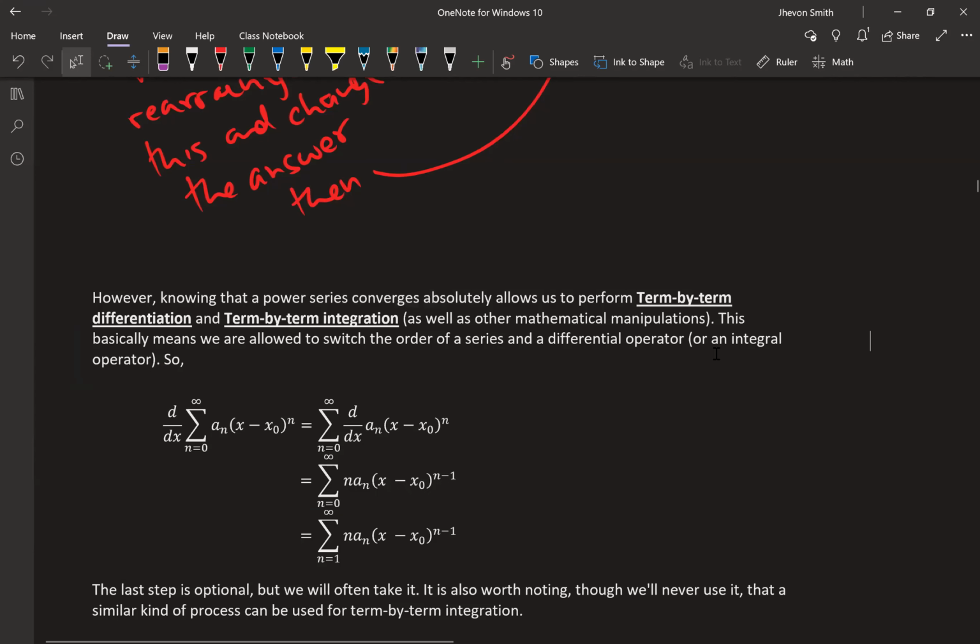Basically what this means is that I can differentiate a series by differentiating the terms of the series and adding them together. This gives us the power to switch the derivative sign and the series sign. This is not true in the conditional convergence case. It does not hold for conditionally convergent series.